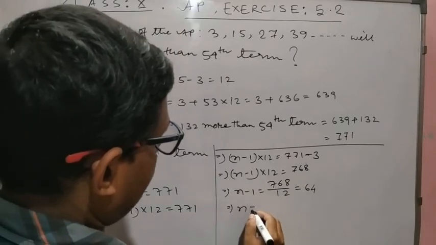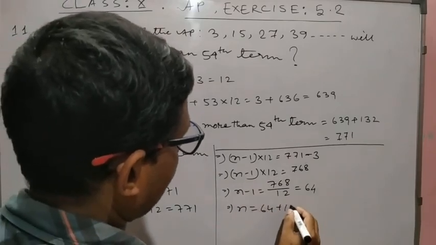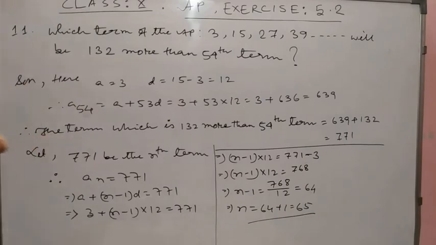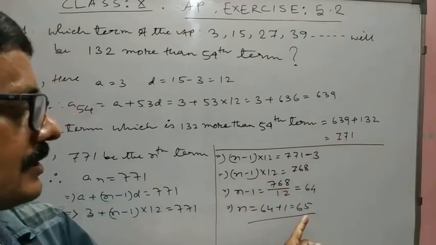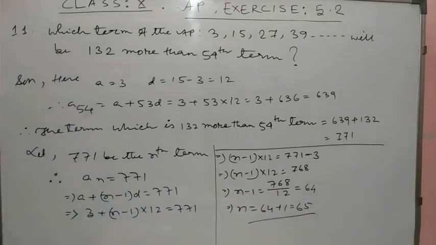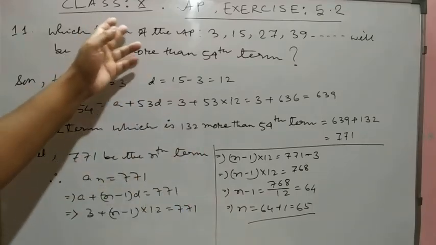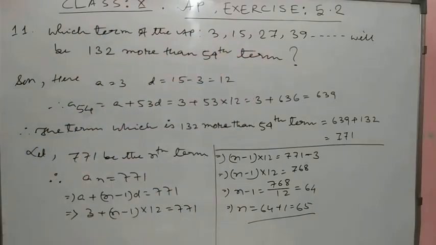This implies that n equal to 64 plus 1 equal to 65. So n equal to 65 means 771 is the 65th term. Hence the 65th term of this AP is 132 more than the 54th term.